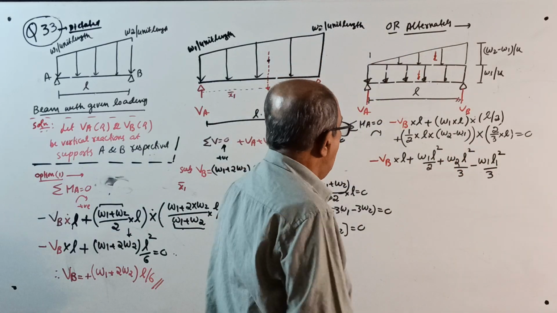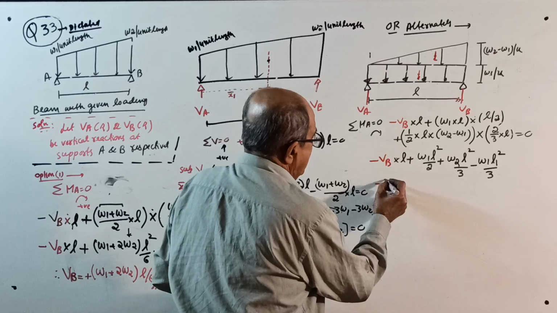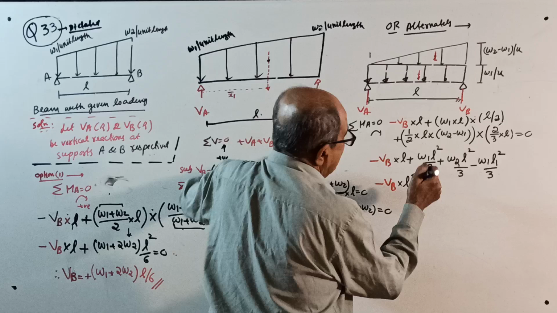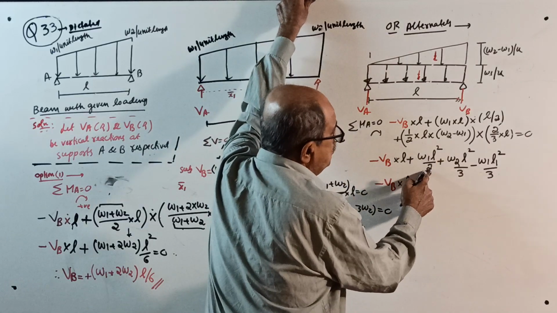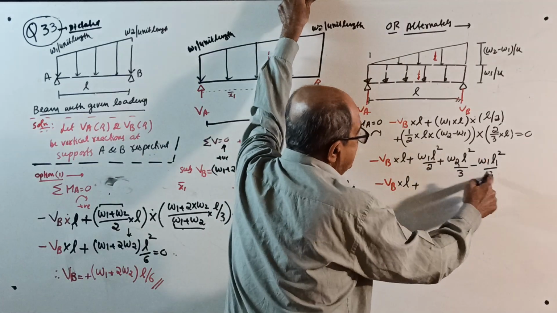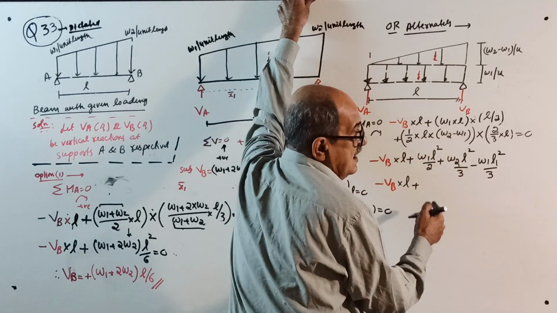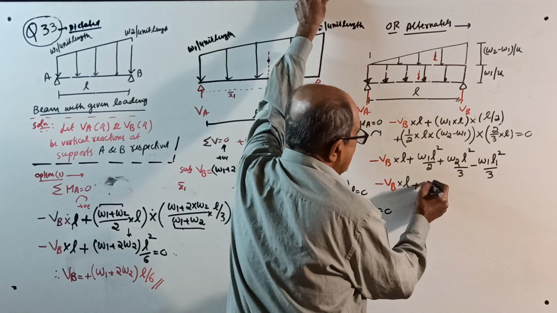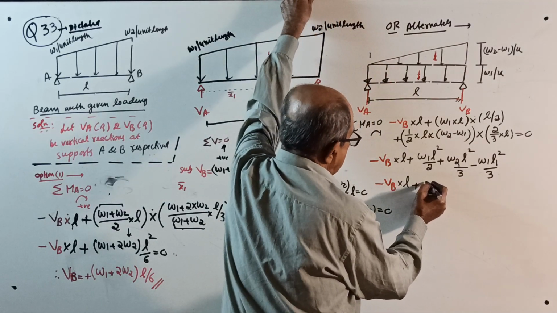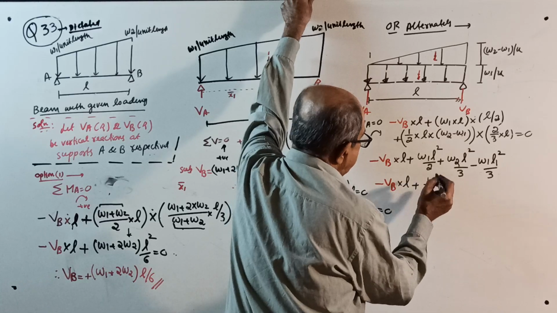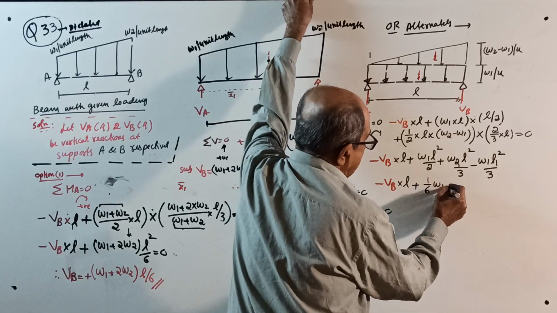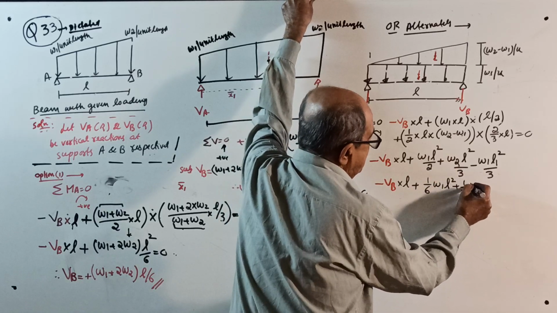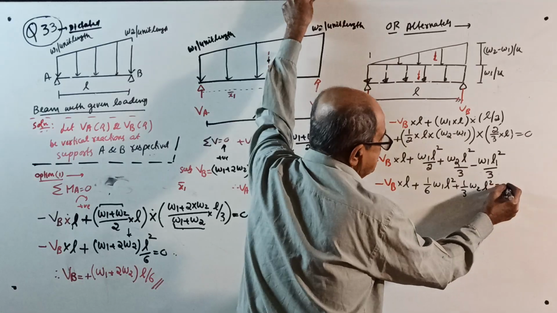Or, see here, minus VB into L plus W1 L square by 2 minus W1 L square by 3. 1 by 2 minus 1 by 3 is 1 by 6. Plus 1 by 6 into W1 into L square, then plus 1 by 3 into W2 into L square equal to 0.